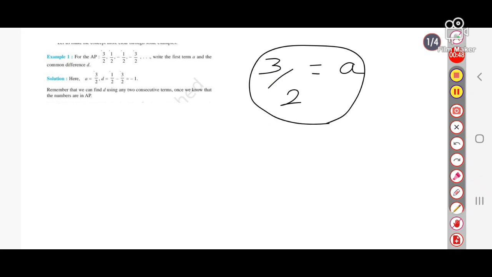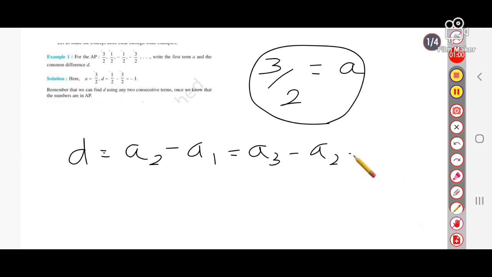Then the common difference D. As I told you, the formula is A2 minus A1, that is equal to A3 minus A2, that is equal to A4 minus A3, and it goes on. This common difference works only when the given sequence is in AP.